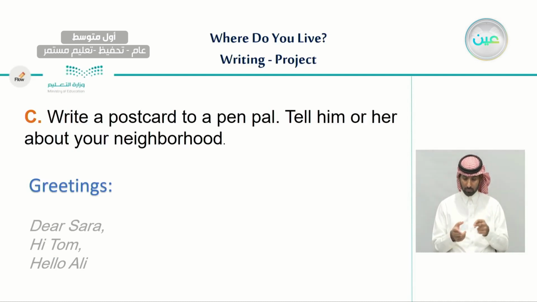What kind of greetings should you write? You have more than one choice. You can write, for example, Dear Sarah, or Hi Tom, or Hello Ali. You can choose any of them and start your letter or your email with it.